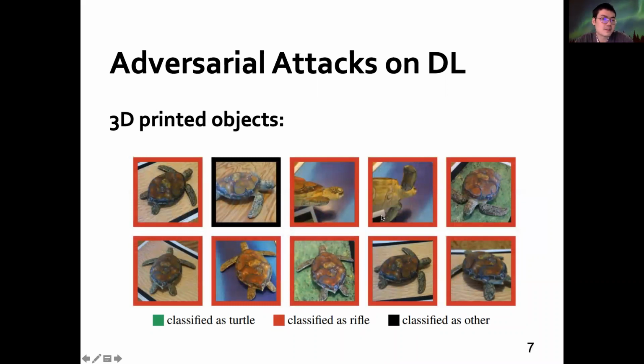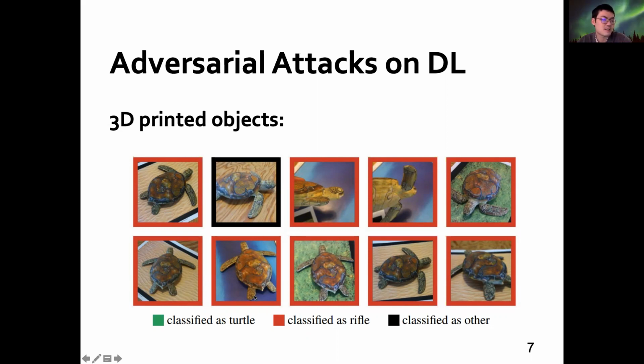Another thing, and what's more surprising, is that when we take a picture of 3D objects, like the turtle, we can always assume the model will detect the turtle. But very interestingly, you can print a 3D turtle where you change some of the pixels, the colors on the turtle, and then you print it, take a picture and let the model detect.